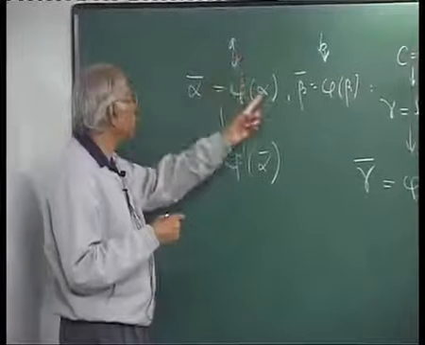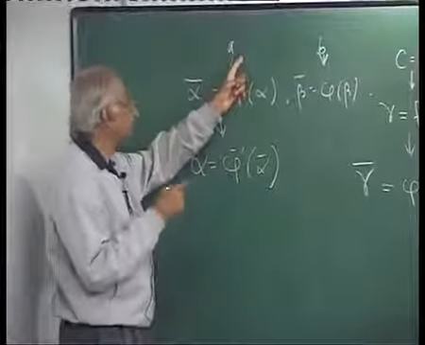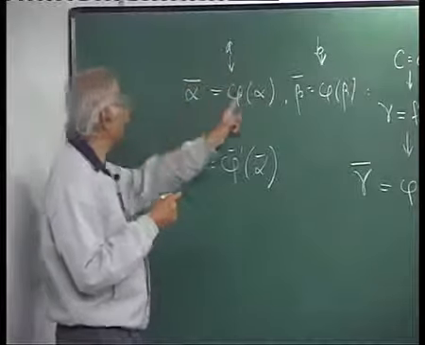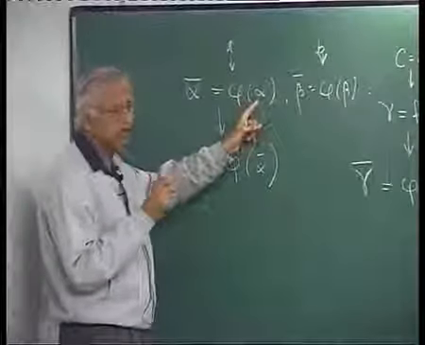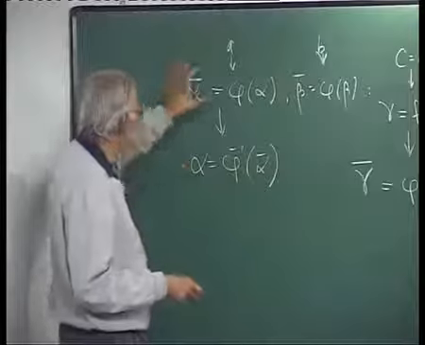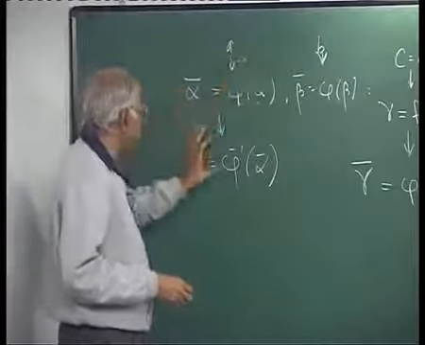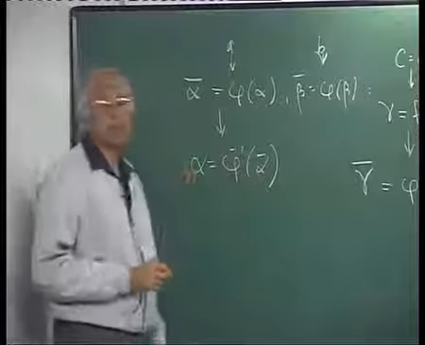If I know the old coordinates of A, I give you a rule how to find the new coordinates. If I give you the new ones, I must have unambiguous values for the old coordinates. So it must be possible to invert this change of coordinates and symbolically write it in this way.